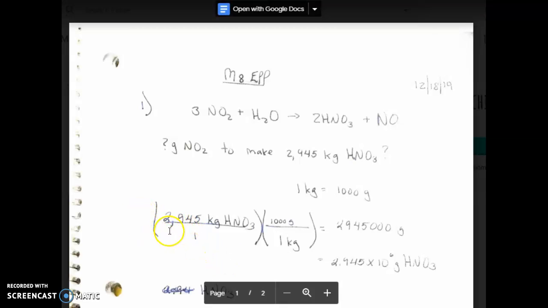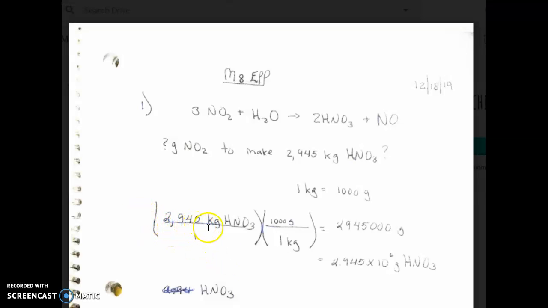We multiply 2,945 kilograms times 1,000 grams, and the kilograms cancel, leaving 2,945,000 grams. However, we want 4 significant figures, and this number should be written in scientific notation, so we write 2.945 times 10 to the 6 grams of nitric acid.